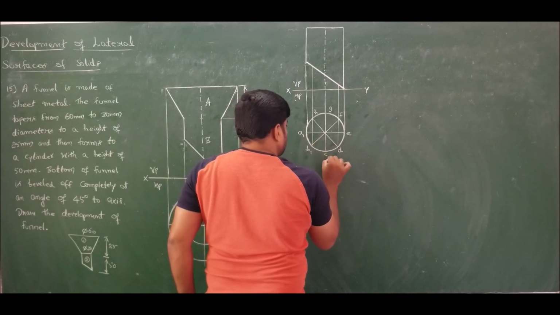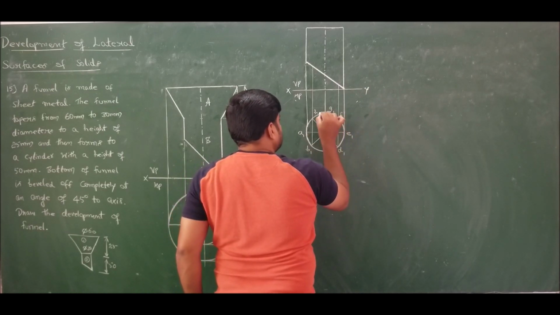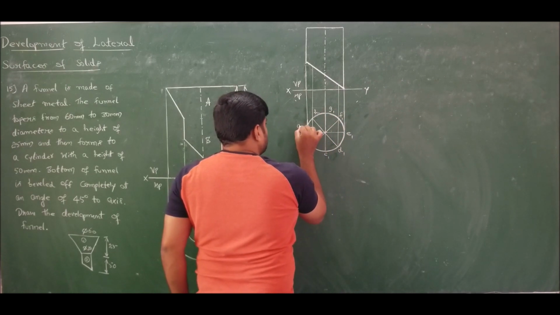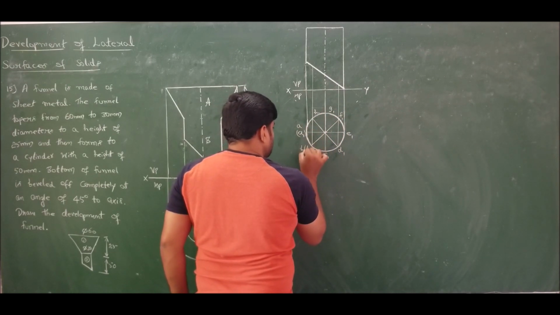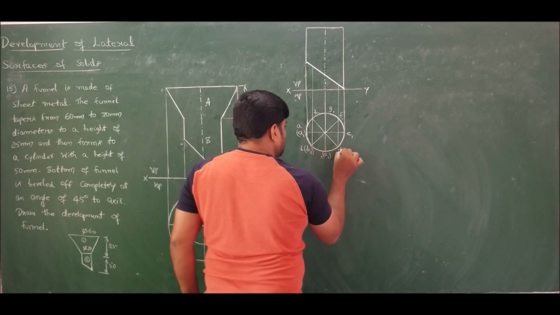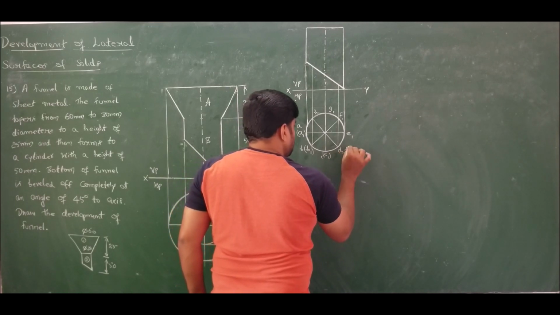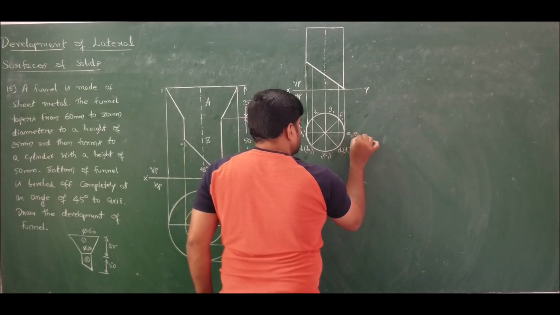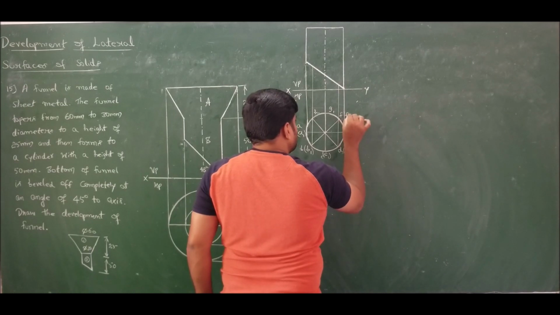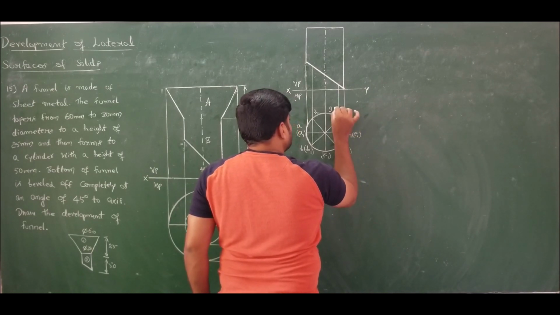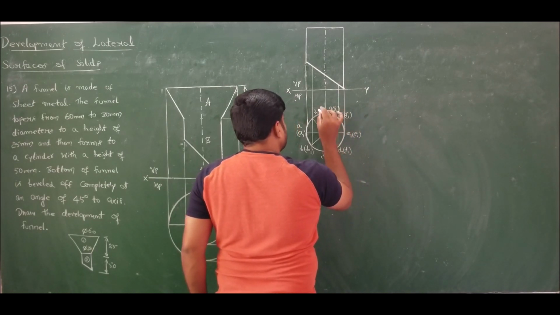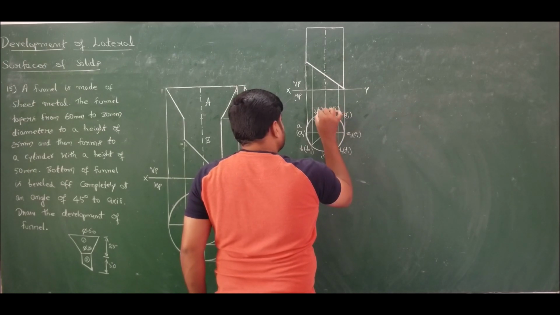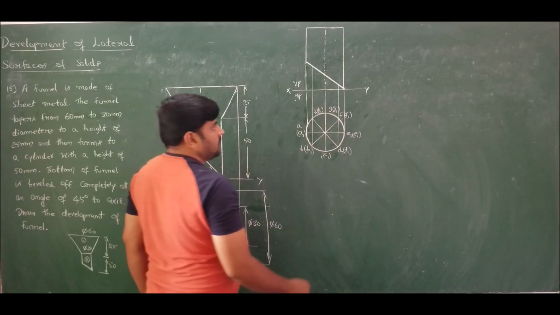Let me take it as A1, B1, C1, D1, E1, F1, G1, H1 and A, B, C, D, D1, E, E1, F, F1, G, G1 and H, H1 like this.